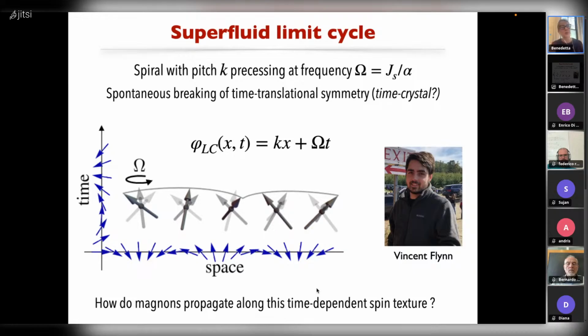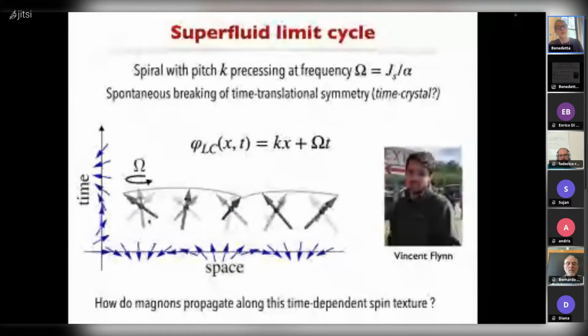So there is a dynamical attractor, and they enter the limit cycle solution in which you have the spiral that I showed you before in the equilibrium case. Every spin here is a magnetic element, and they're all realizing this spiral state, but they are not static. They are precessing at a certain frequency.